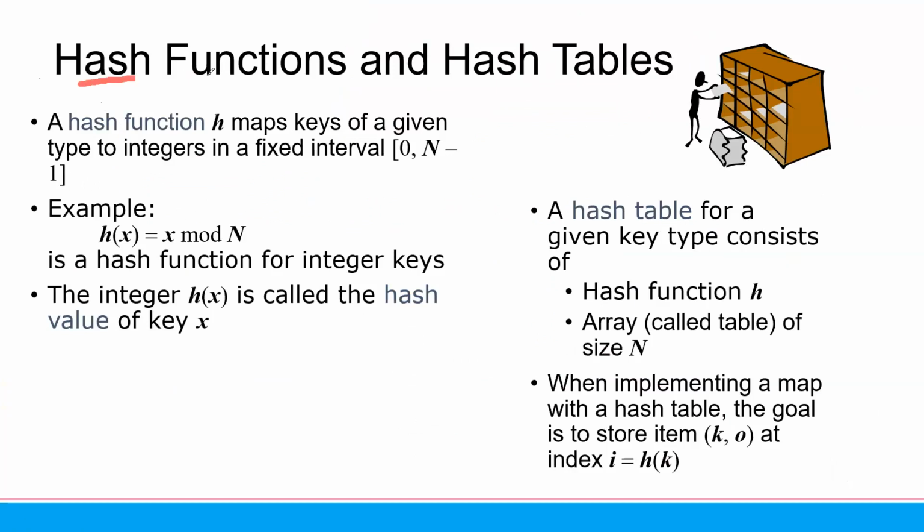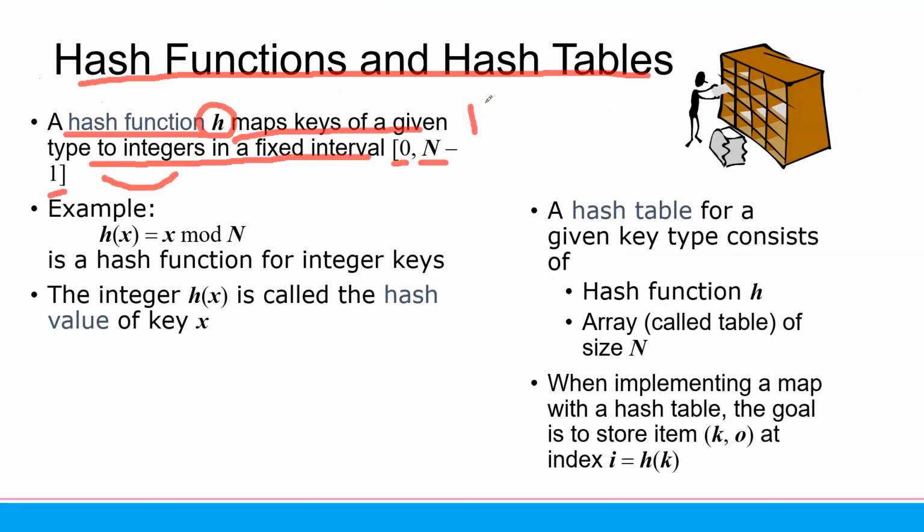So, hash functions and hash tables. A hash function maps the keys of a given type to an integer in a fixed interval. So we have some data, and we want to convert it into an integer from 0 to n-1.